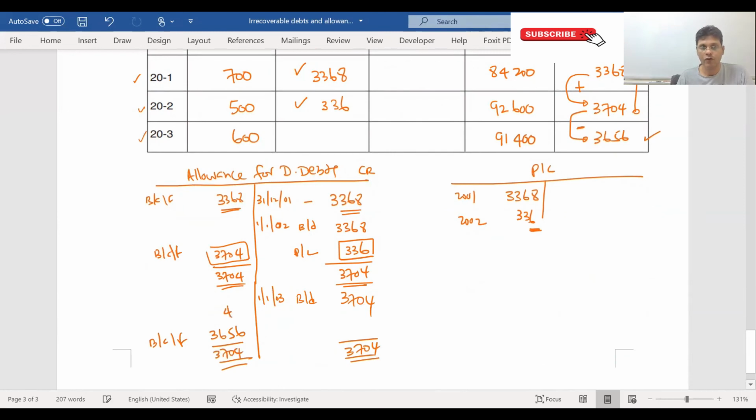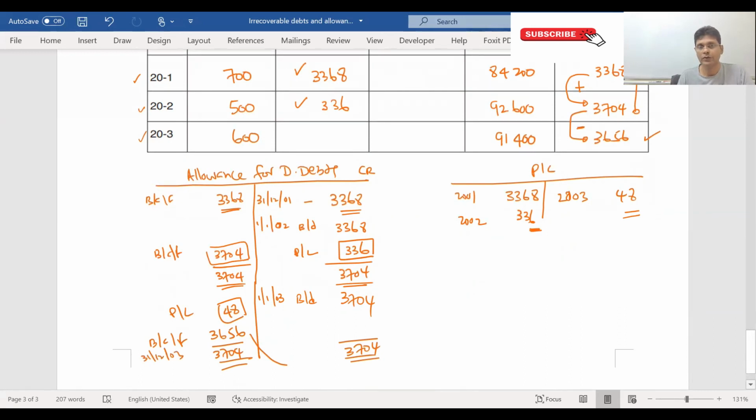So what is the P&L impact? The 48 has to be credited to the profit and loss account in 2003, so that you will have the closing balance as at 31st December 2003 of 3656.